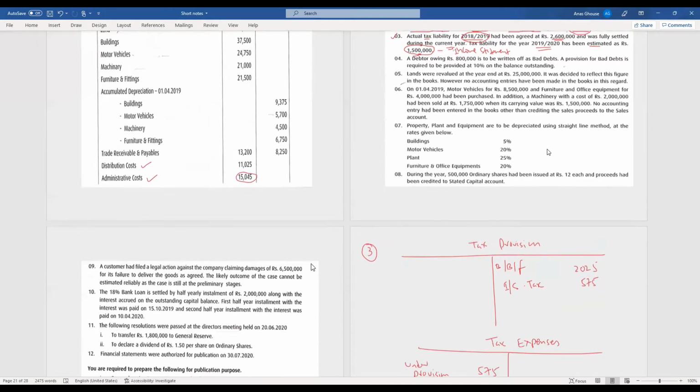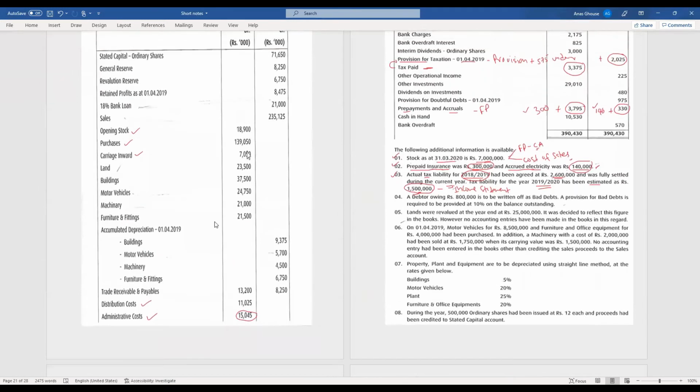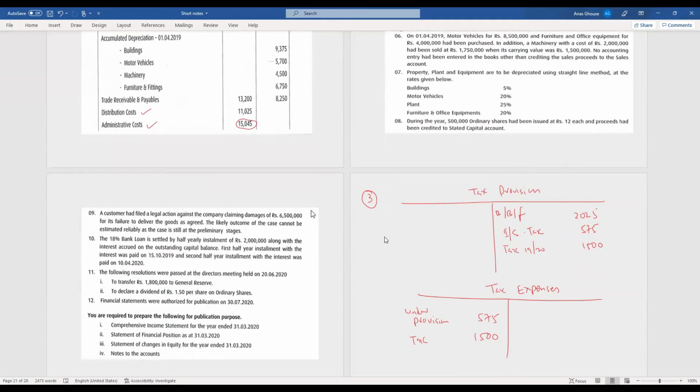Current year tax is 1.5 million. So therefore, you can say tax for the period to be paid 2019-2020. So 1.5 million, and you can say tax 1.5 million. And apart from that, amount paid for the period is 3,375. Okay, so this is the total tax paid. So bank account credit, debit, tax provision accounts, tax paid 3,375.